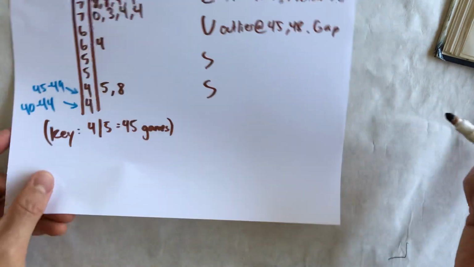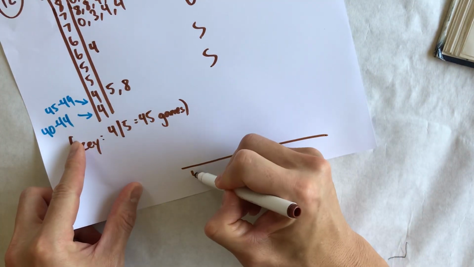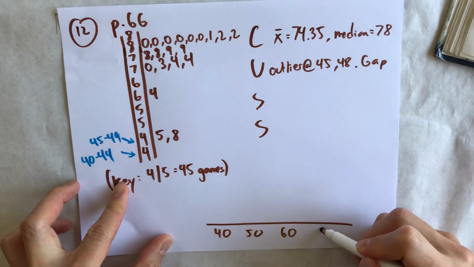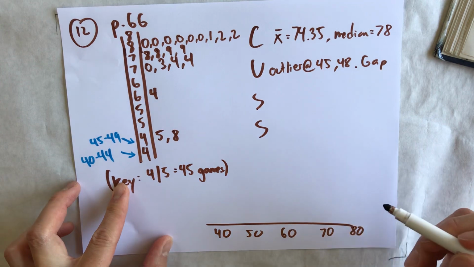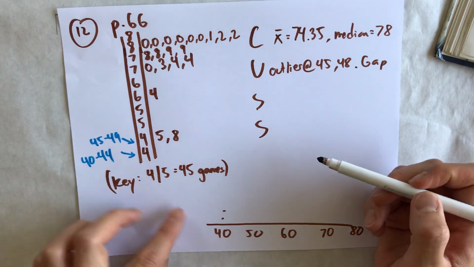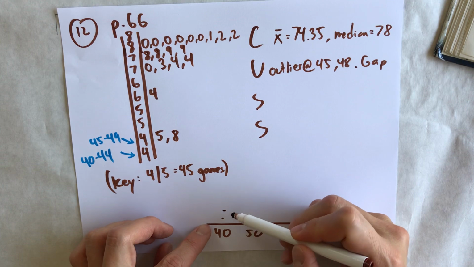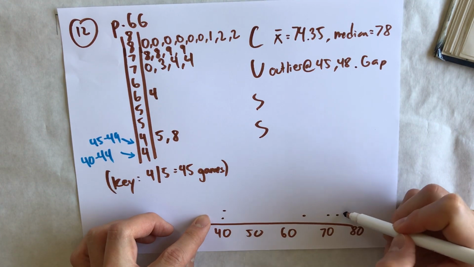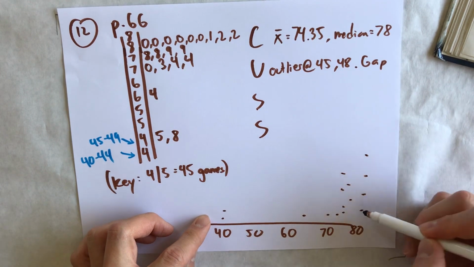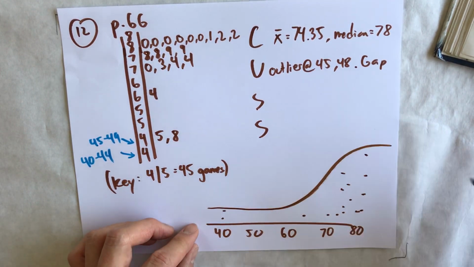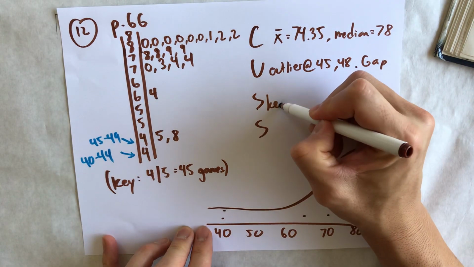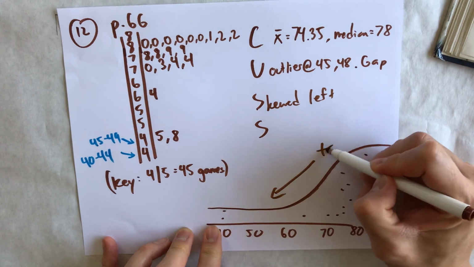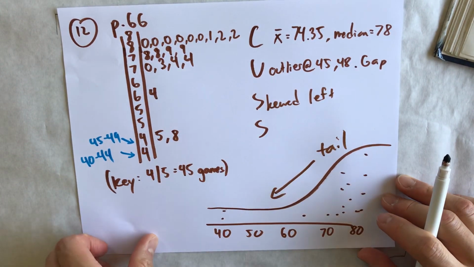If you were to write this on a number line, like 40, 50, 60, 70, 80, I'm going to do a dot plot right here. There would be some in the 40s, and most of the dots would be kind of like this. So this skew goes this way. So this would actually be skewed left. Can you see that? Because the tail is going down to the left. Okay, that's kind of tricky.